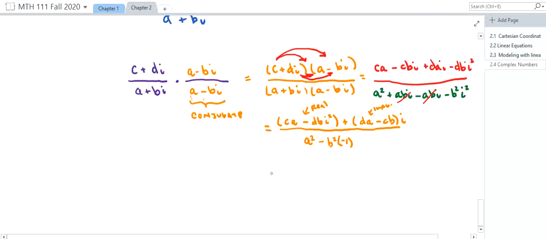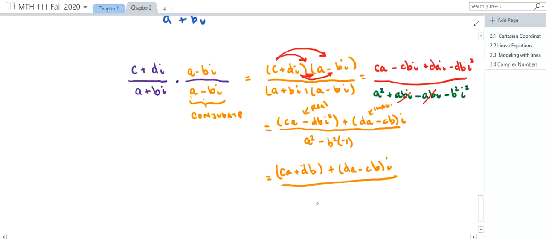Alright, so let's sort through these negatives here. So we got CA, now minus dBi squared. Remember, i squared is going to be negative 1, so this is going to be CA plus dB plus dA minus CBi. So we've got our real number and our imaginary number, our complex number, on top.